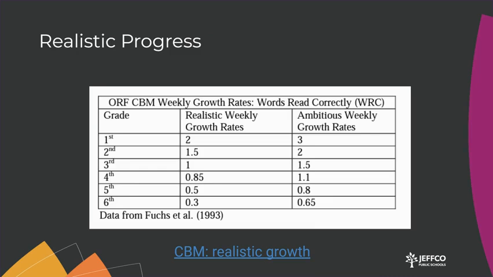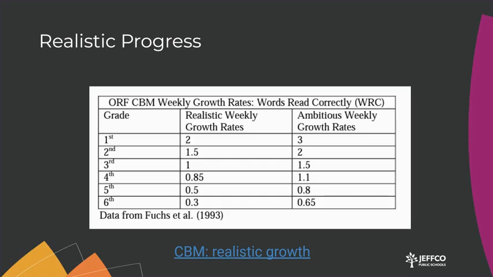One thing to keep in mind, remember our friend Mateo? He needed to gain 6 words per week in order to close the gap. Fuchs and their colleagues have done some research on what is realistic weekly growth rates and what is ambitious growth rates. You'll notice the younger the student, the more we can hope to gain.